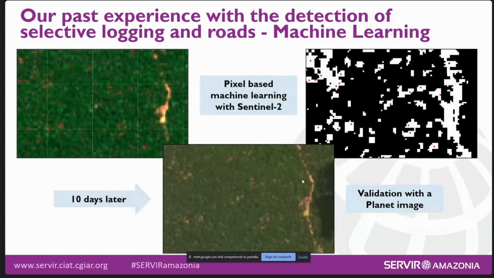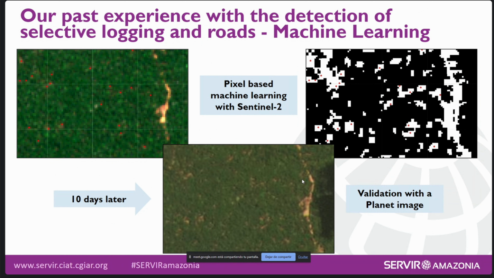In our past experience with the detection of selective logging and logging routes, the first step was to use machine learning, for example, random forest in this case. We used points of training data, and these were the results.